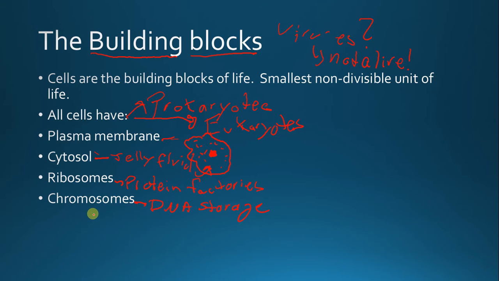Now, even though prokaryotic cells have their DNA just floating around in the cytoplasm in things called plasmids, or plasmoids, and these are for prokaryotes, they're still considered to be chromosomes. You might say, what about the mitochondria?